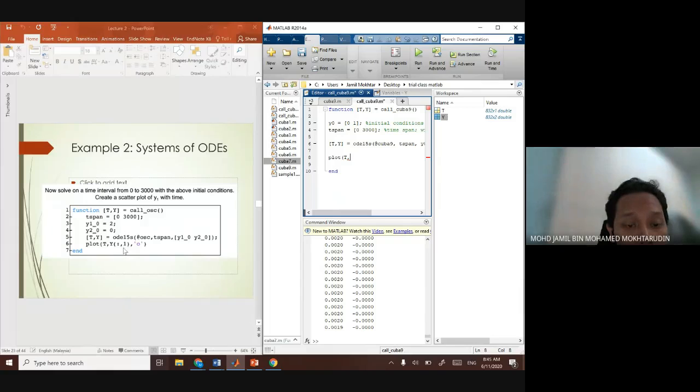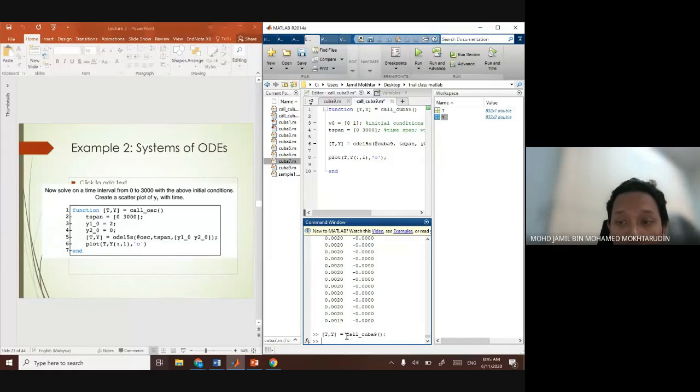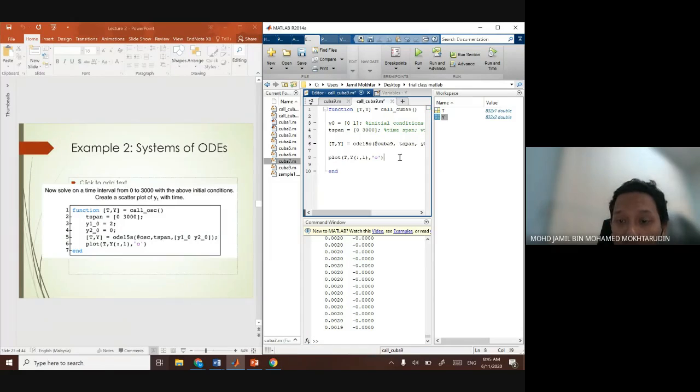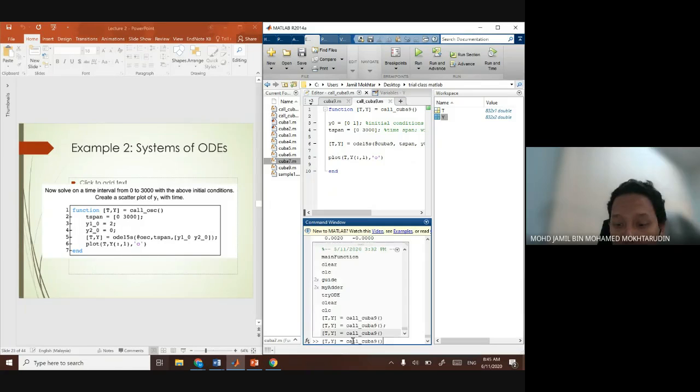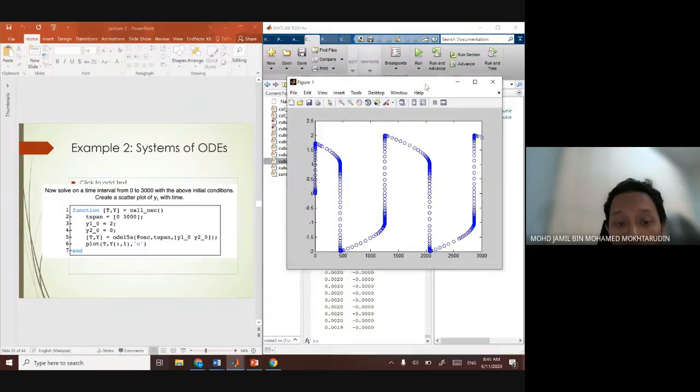So it chooses only column 1 here. Okay, so this is the result for y1.